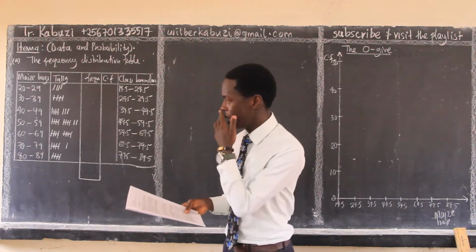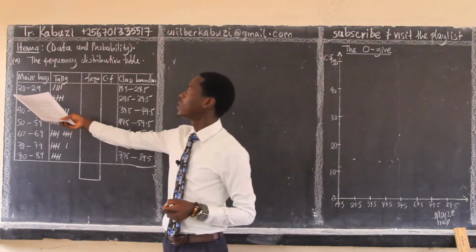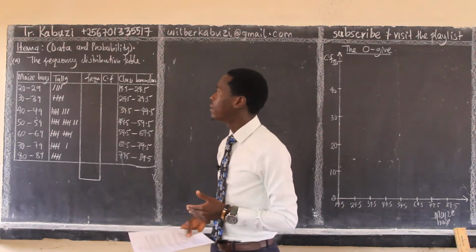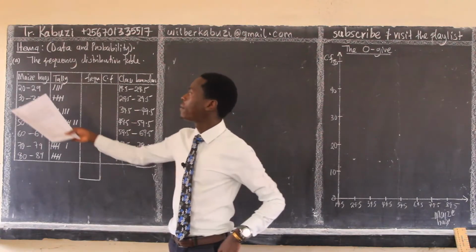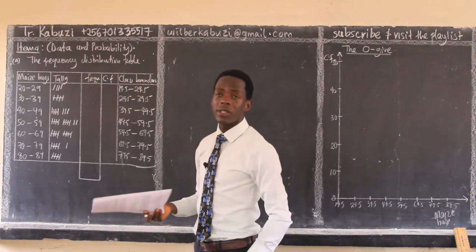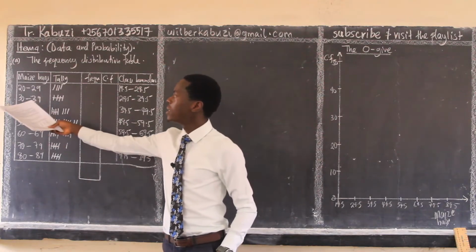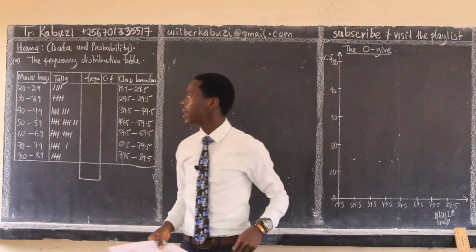So meaning our last class should cover 88, then our first class should cover the smallest, which is 20. To have the interval 10, we start from 20, then we can come to 29. That was the easiest class to start with. Then you add on 10, 10, 10, 10 up to when you reach here.